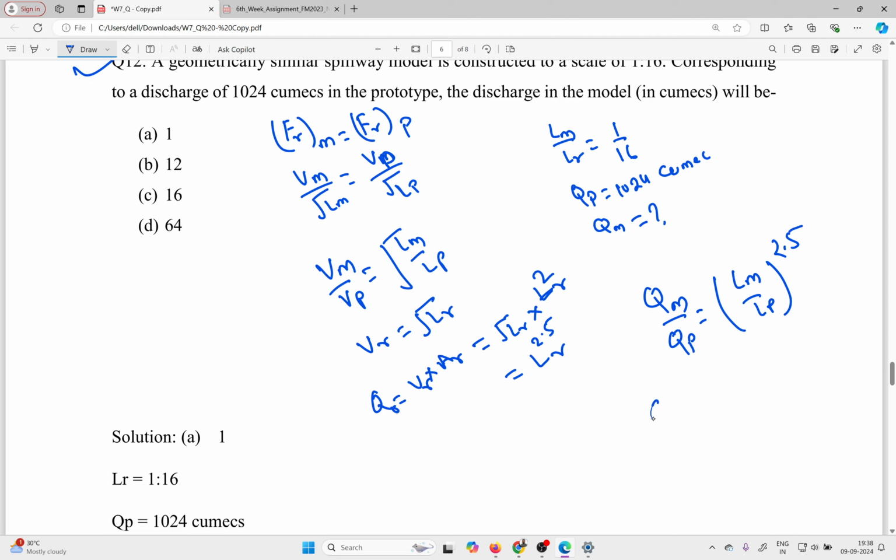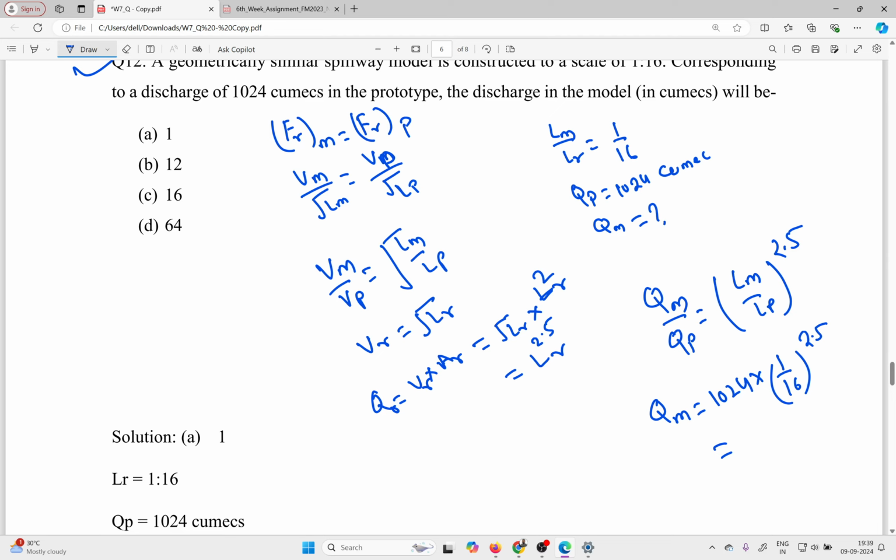So here Qm you need to calculate. Qp is given already, 1024 into Lm by Lp is given 1 by 16 to the power 2.5. So now you need to calculate.